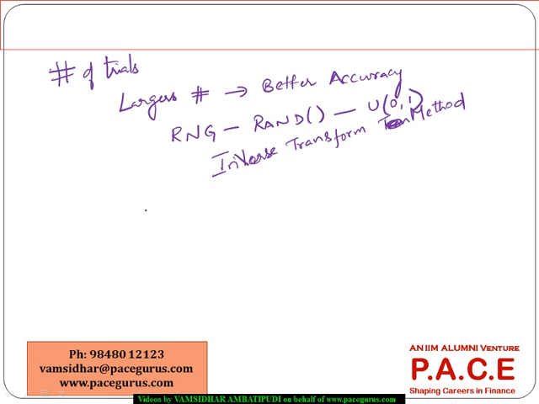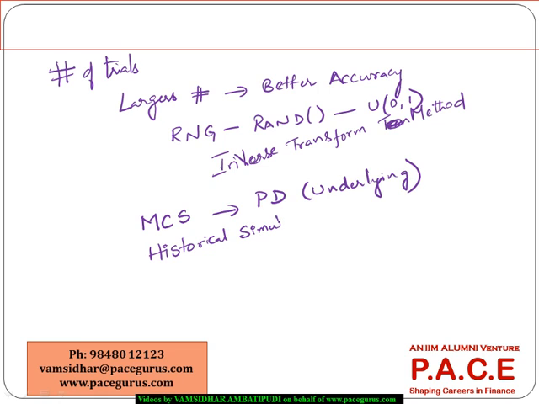So, as a summarization of the Monte Carlo simulation, a few things that are essential: the probability distribution of the underlying variable needs to be understood to the fullest. On the other side, people even talk about historical simulation, wherein I am not trying to find any probability distribution, but just taking the past values of that underlying variable and randomly selecting a few of them and making the necessary computations.